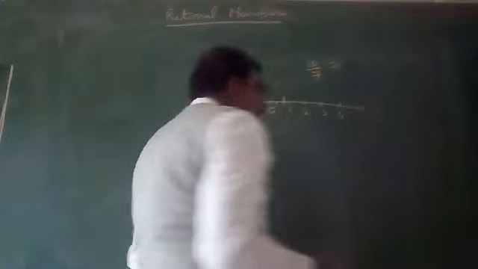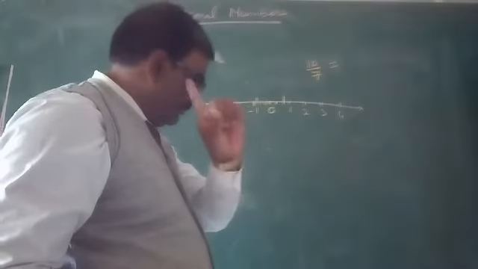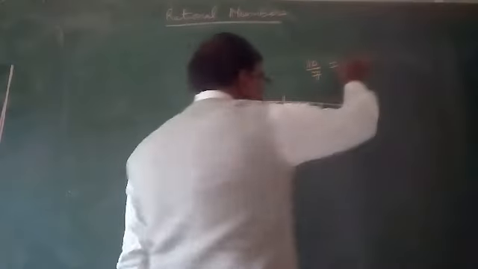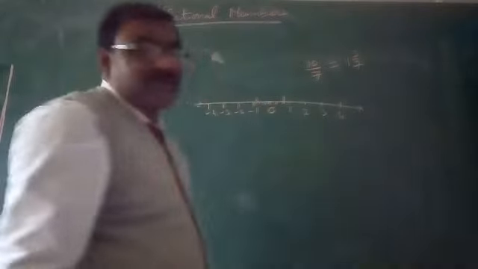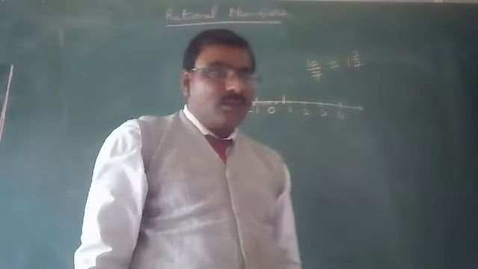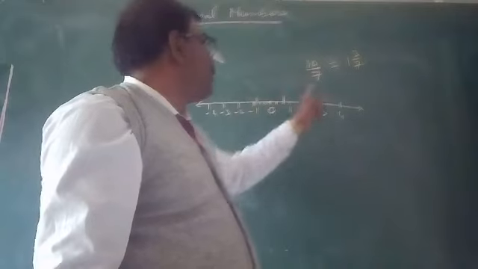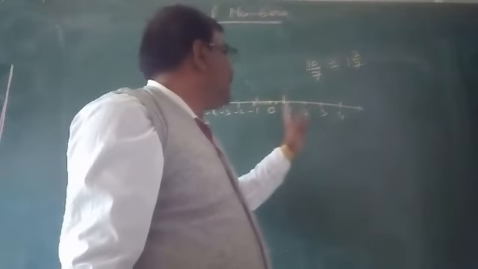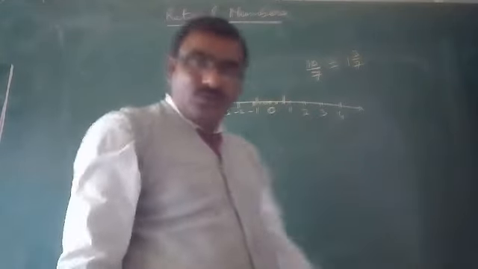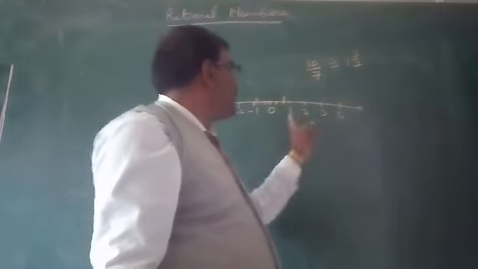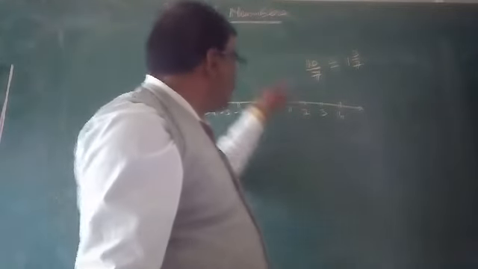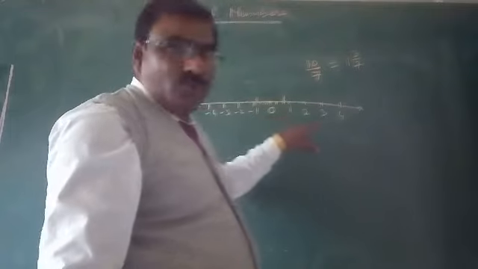If you divide 10 by 7, you get 1 and 3 by 7. It is confirmed that this number, 1 and 3 by 7, is greater than 1 but less than 2. It is clear that this is located between 1 and 2.